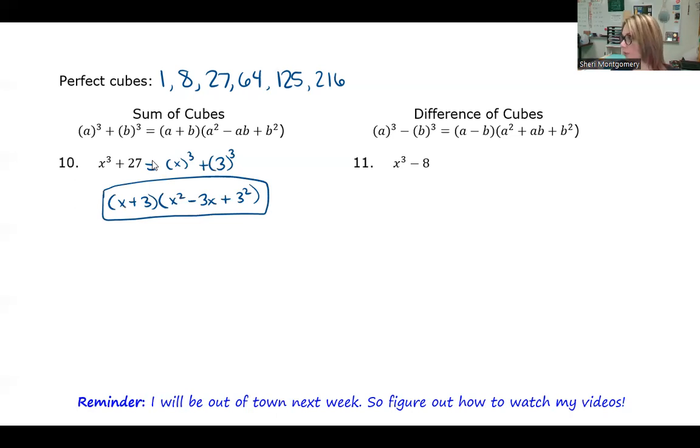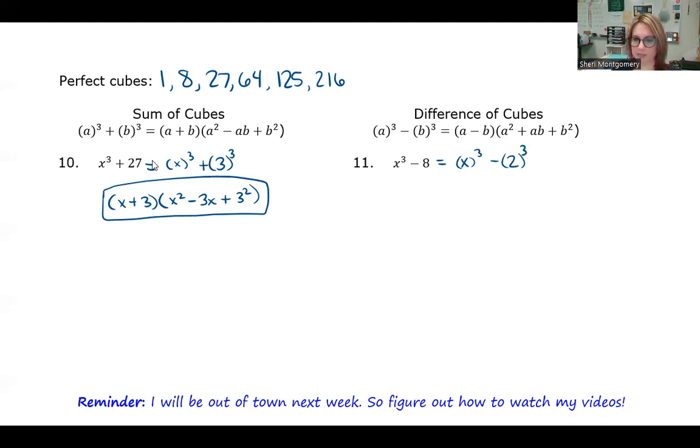Are you going to have a whole bunch? No, now we're doing 2 of them. You just need to know how to use the formula. The next one, 8 is a perfect cube. And we're going to use the formula.